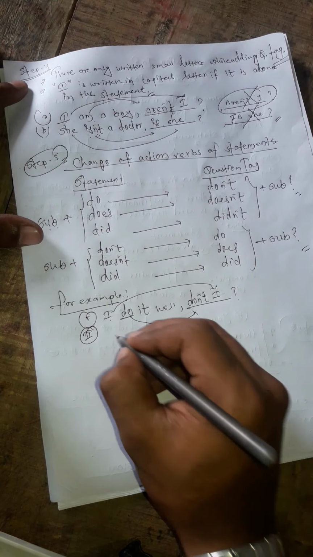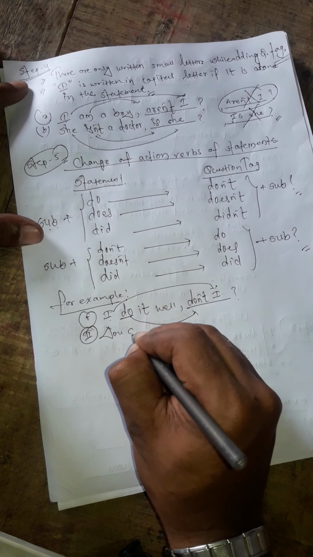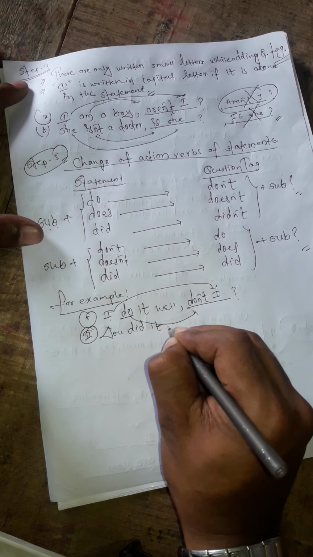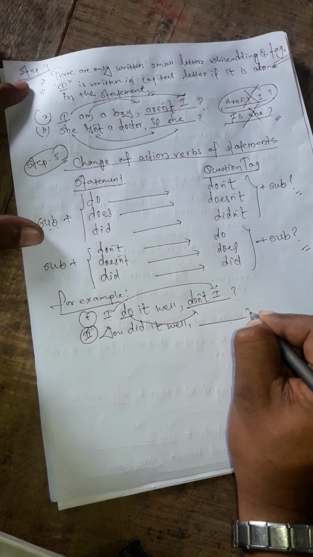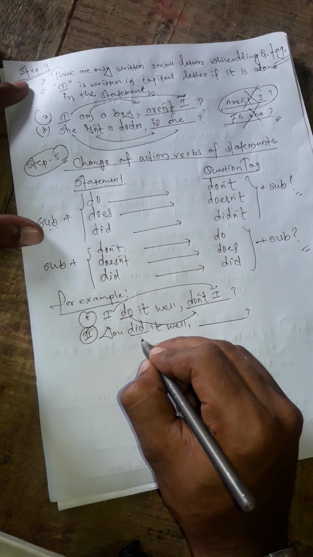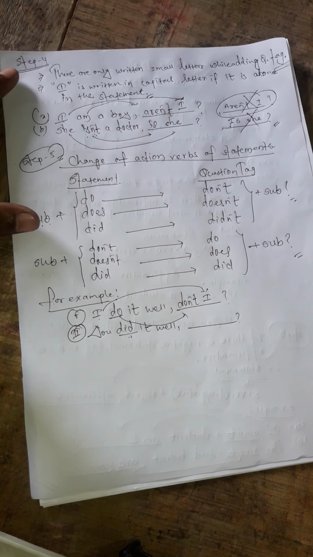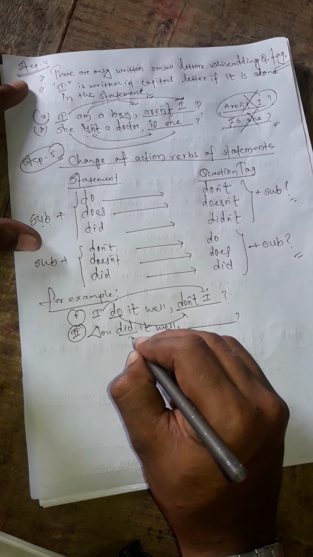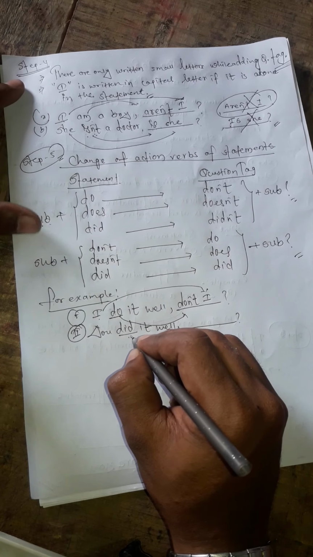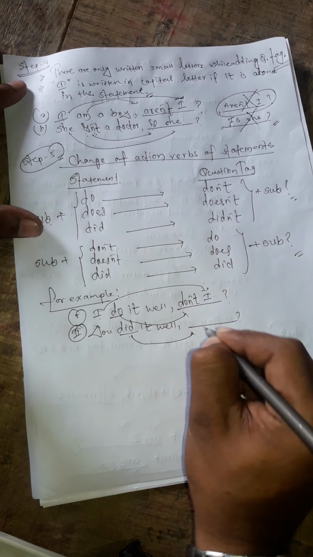Another example, you did it well. Here is did. It also plays the action verb and the auxiliary verb, but in this statement it is known as the action verb did.